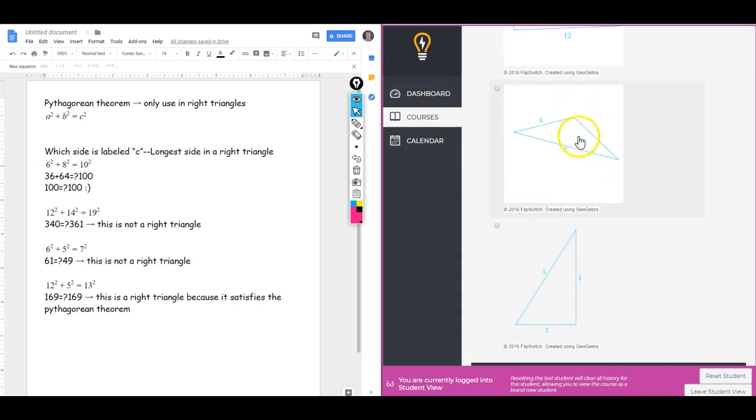We have 4, 4, and 7. So 7 is our longest side. That'll be C. So we have 7 as C. A and B are both at 4.